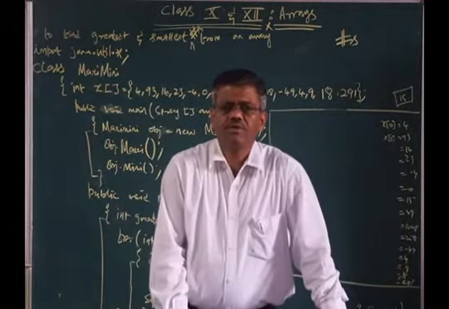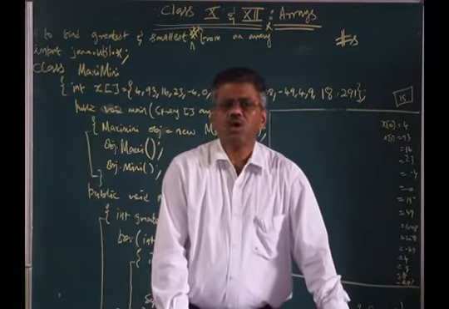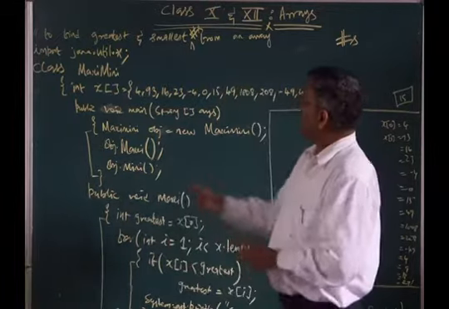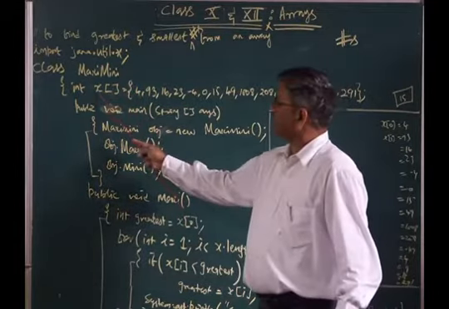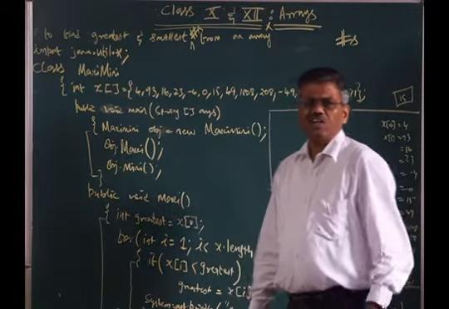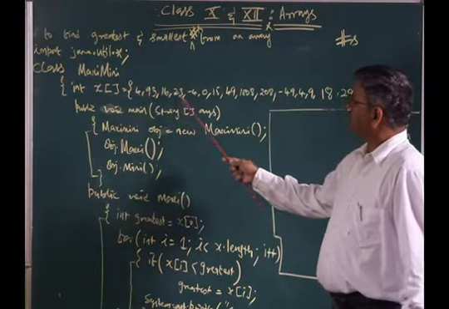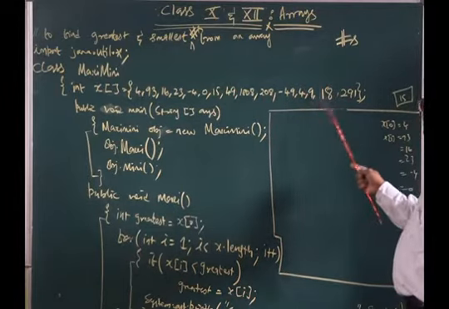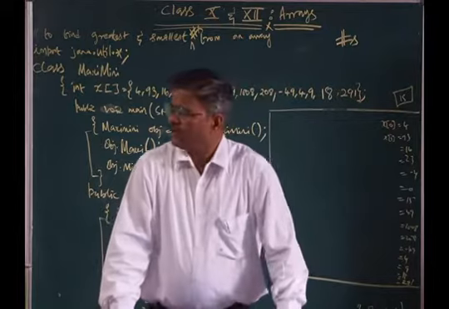Boys and girls, in the previous class I told you how we declare the array and how we initialize the array. In this question, I have initialized the array. I have an array called X, which is full of integers. 0th element, first element, second, third, fourth, fifth, sixth, seventh, eighth, ninth, 10, 11, 12, 13, and 14. 0 to 14 means how many elements are there?